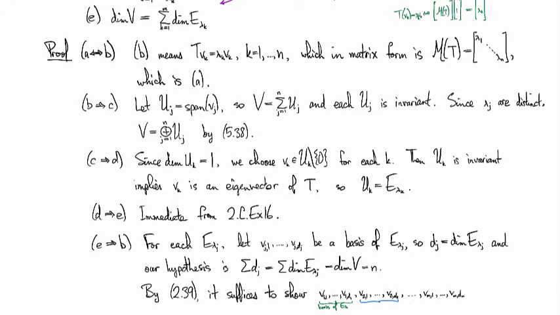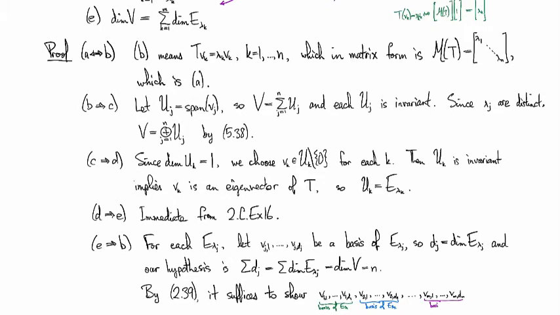Then this next batch forms the basis of E lambda 2, and so on, out to the basis of E lambda m.